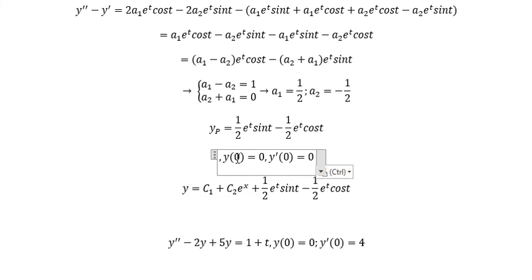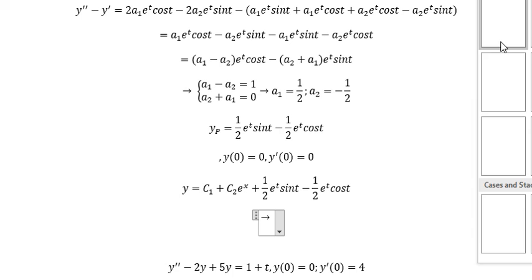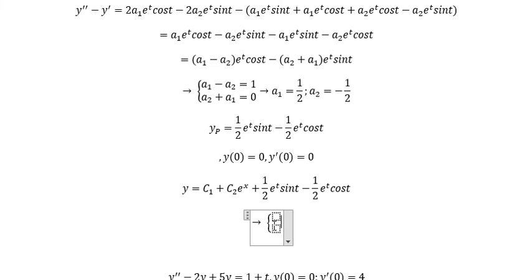So when t equal to number 0, y equal to number 0, when t equal to number 0, first the derivative of the function equal to number 0. So we create the system of equations to find C1 and C2. C1 we got in here.